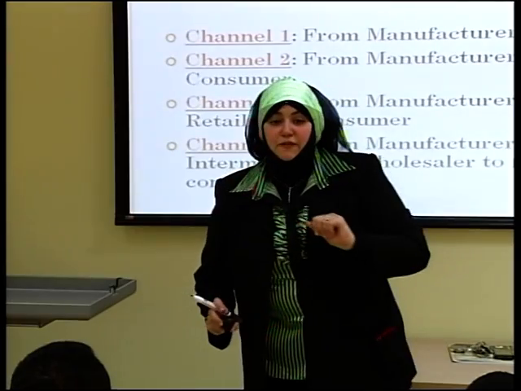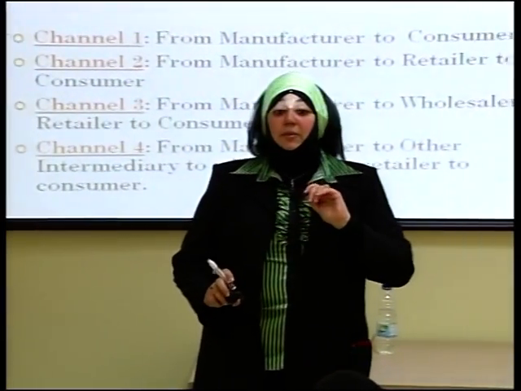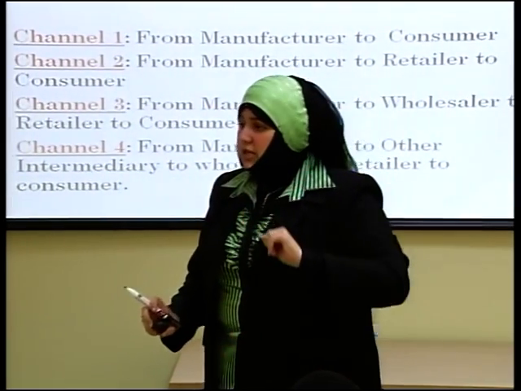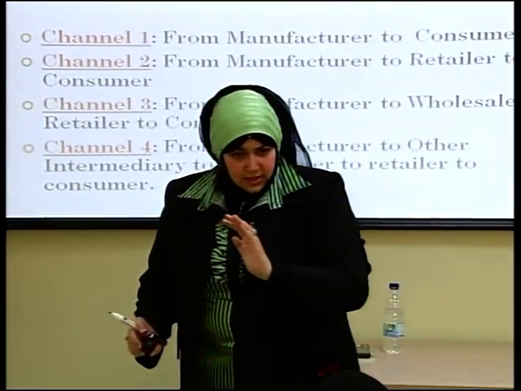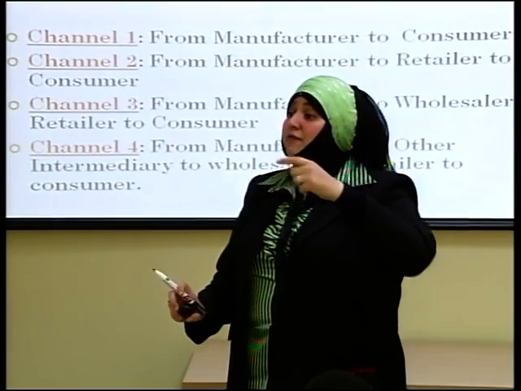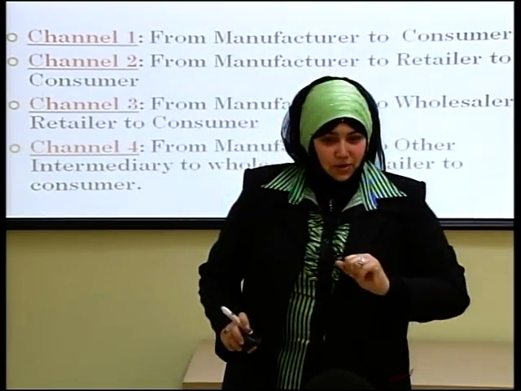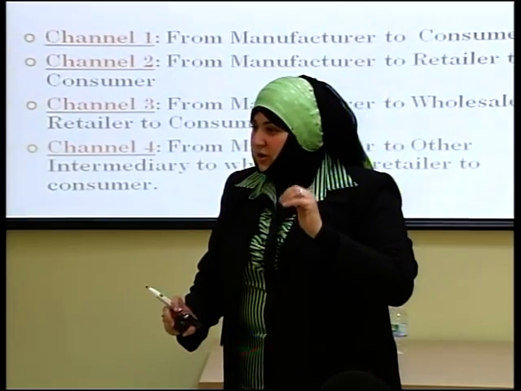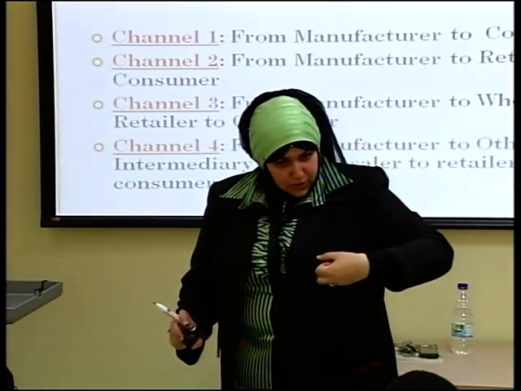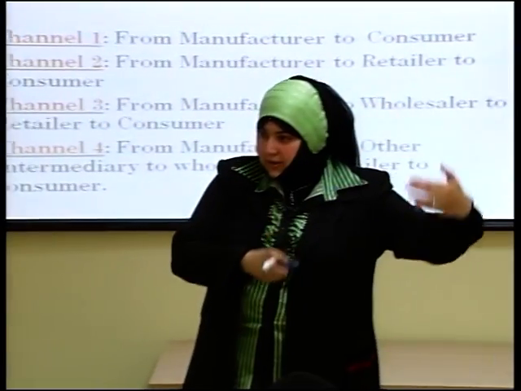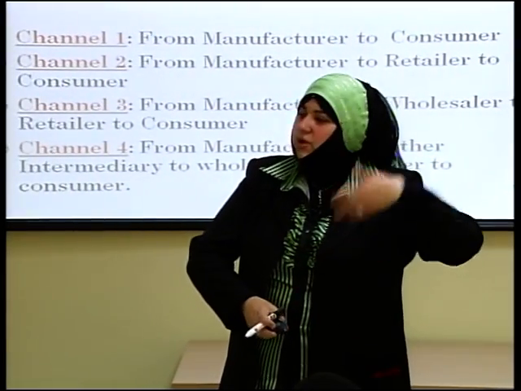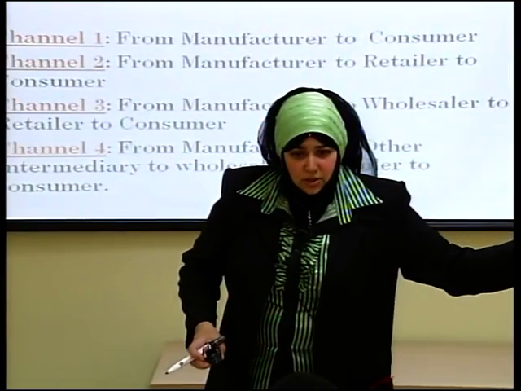You are a manufacturer, for example, Chinese companies. In order to sell their products in Egypt, in many situations, they have an agent, or they have an Egyptian importer. This one buys the goods and sells here to wholesaler, to retailer, to the final consumer, right?